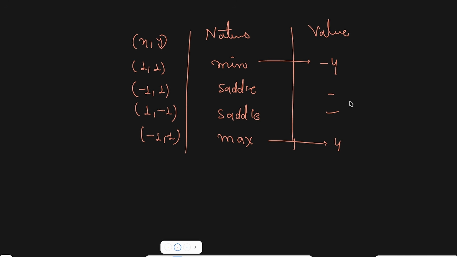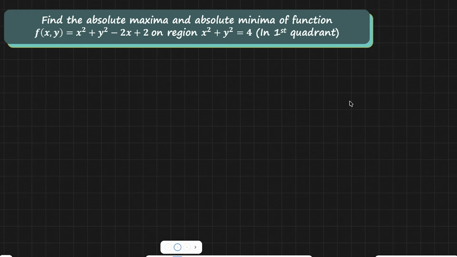This is an important question. Now come to the next: find the absolute maximum and absolute minimum for this function. Whenever you want to calculate absolute maximum and absolute minimum, they will give you the region, x squared plus y squared equal to 4. This is a circle.